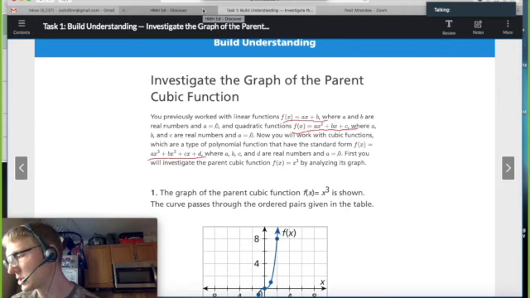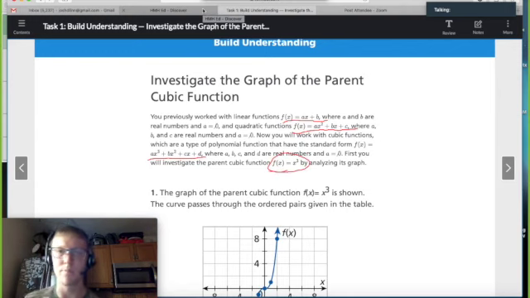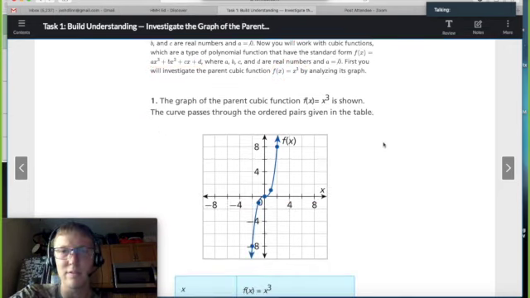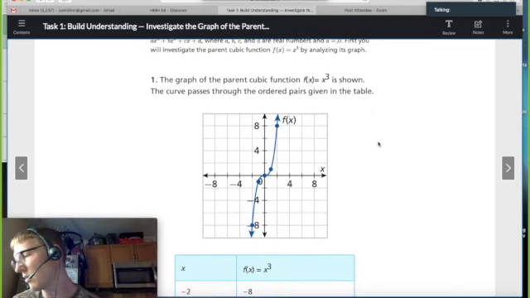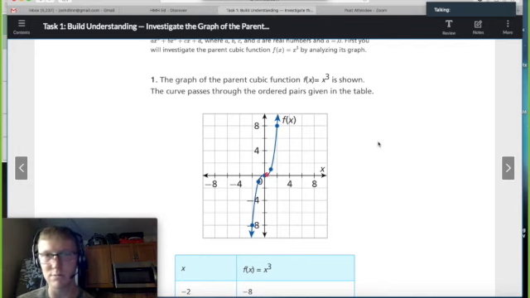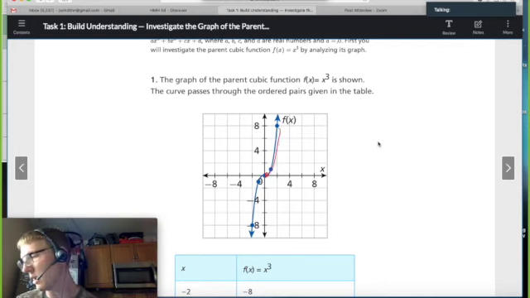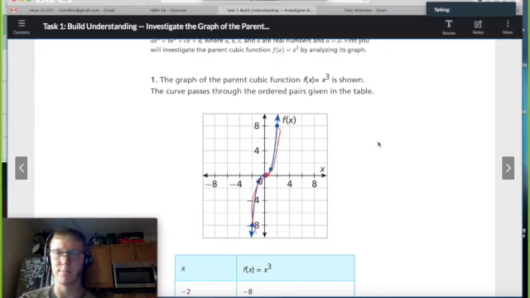So our parent function is going to be right here. Basically, f of x equals x cubed. As we go down, this is the graph of f of x equals x cubed. Notice how it's got our vertex in the center there at 0, 0, and it goes up one way and down the other.